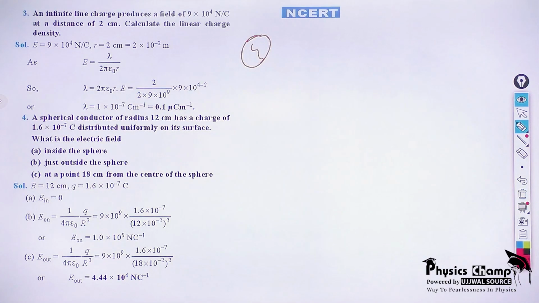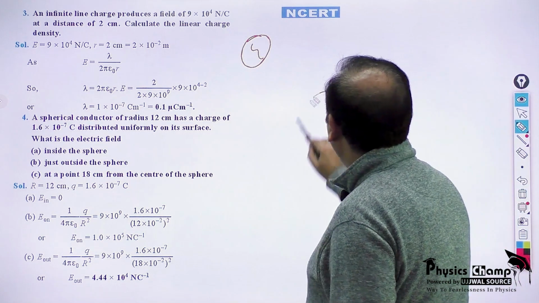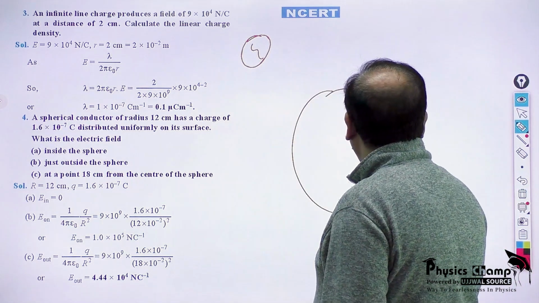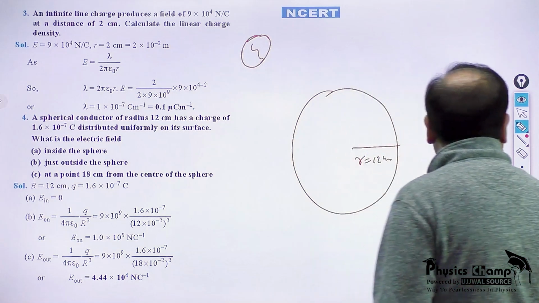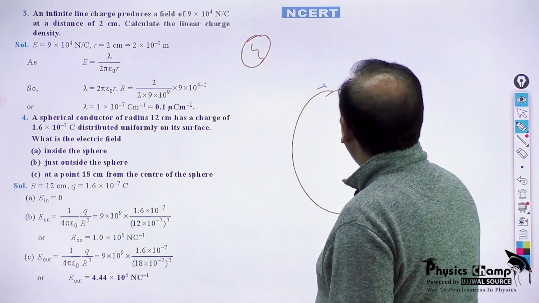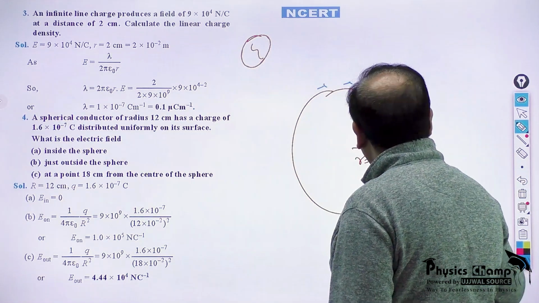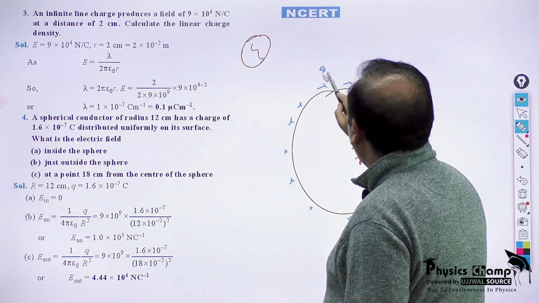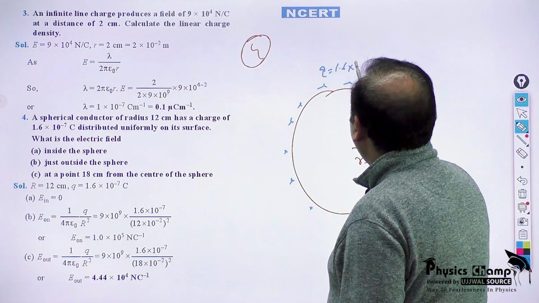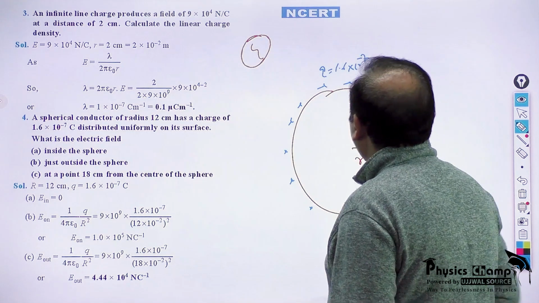Similarly, question number 4. There is a spherical conductor of radius 12 centimeter, and it has a charge of 1.6 into 10 to the power minus 7 coulomb distributed over it.